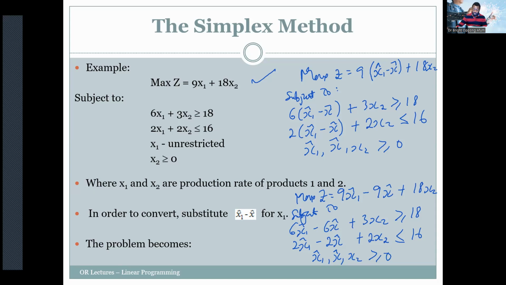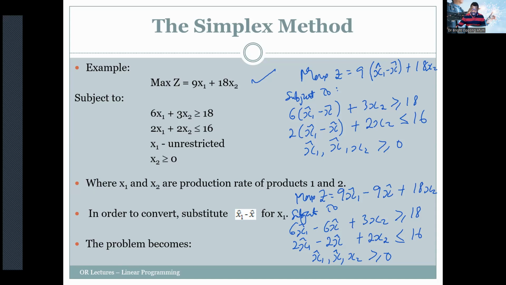All right, so from here we can convert these mixed constraints, the greater than or equal to inequality and the less than or equal to inequality, into standard form and solve for x1 cap, S cap, and x2.